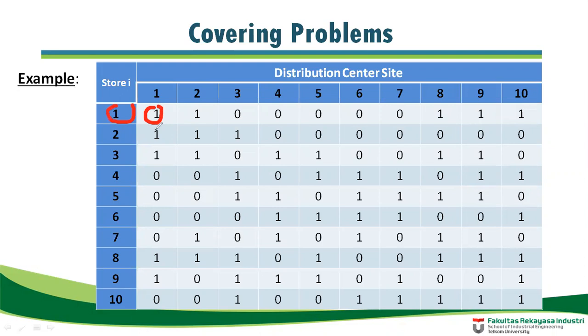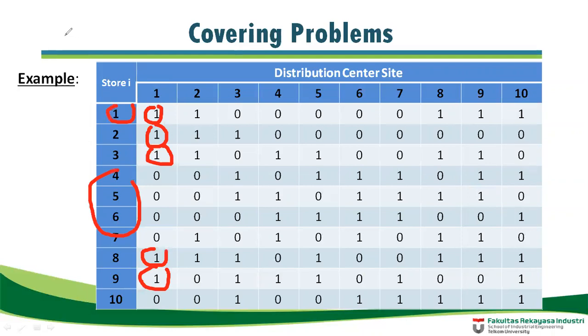So it serves number 1, number 2, number 3, number 8, and store number 9. So they only cover maybe some of the stores. So there are still remaining stores that are not being served by the DC.